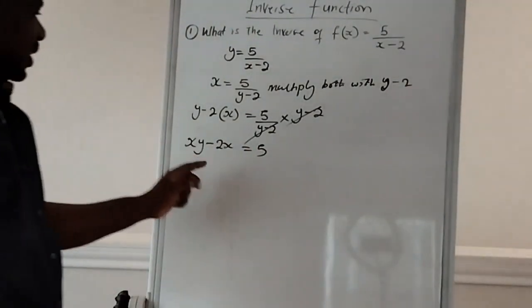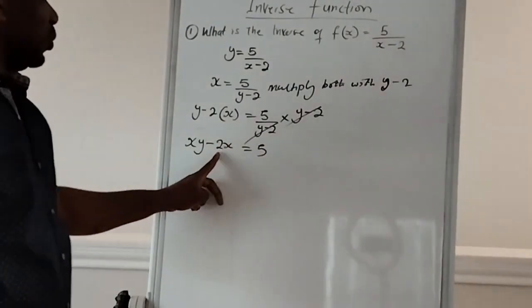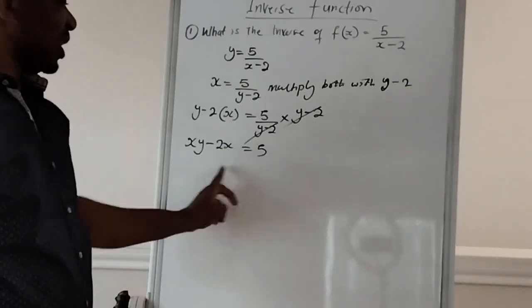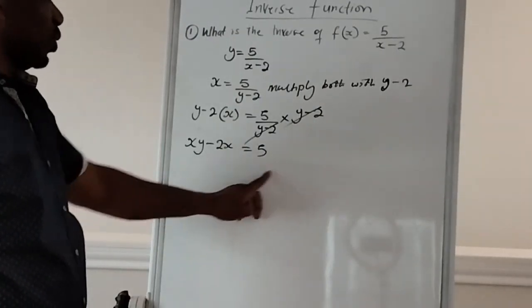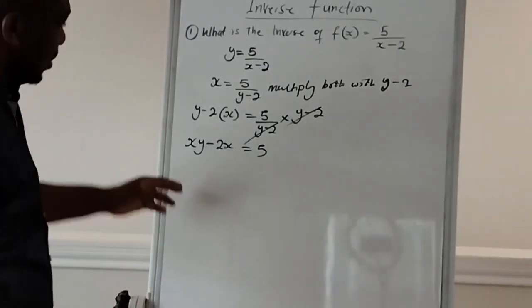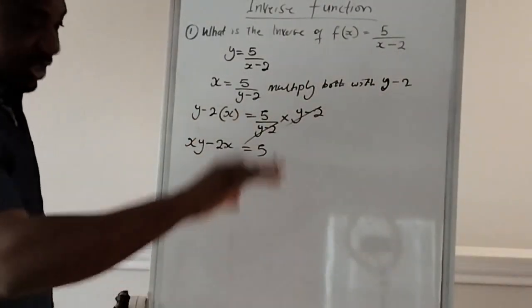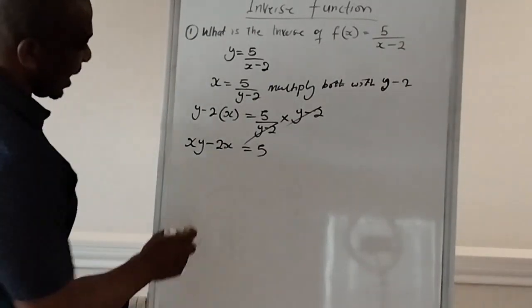The next step is to move minus 2x to the other side. Automatically, when a negative term crosses the equals sign, the sign changes, but let's add plus 2x on both sides to move it in a simple way, to give you proper understanding.